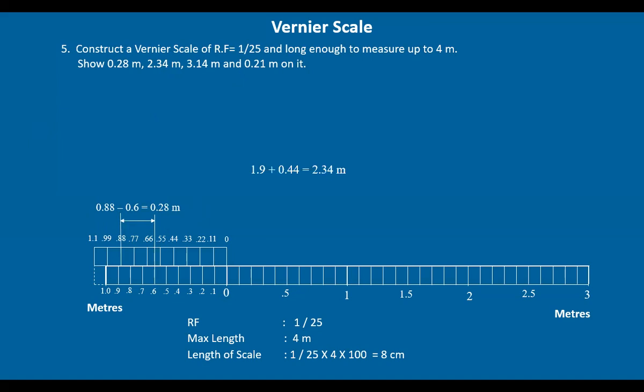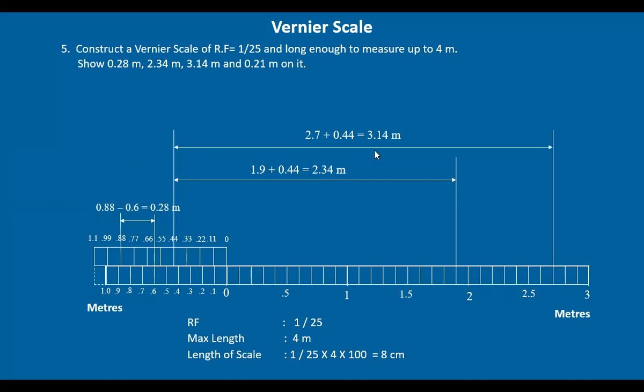Similarly, 2.34 is indicated as 0.44 plus 1.9, that is 0.44 plus 1.9 here. So this is the 2.34. 3.14. 3.14 means 2.7 plus 0.44. So 0.44 already we have a line. 2.7, 2.5, 2.6, 2.7, and draw a line here.